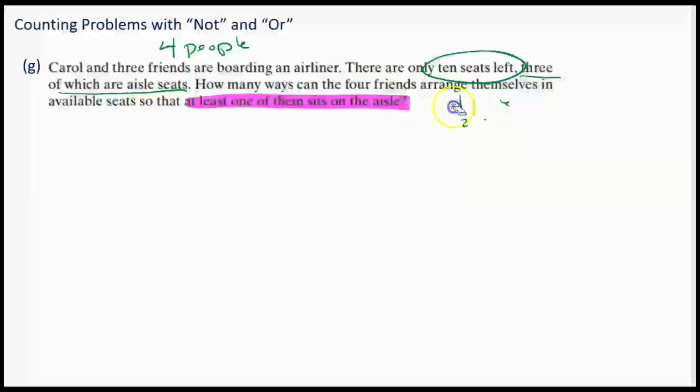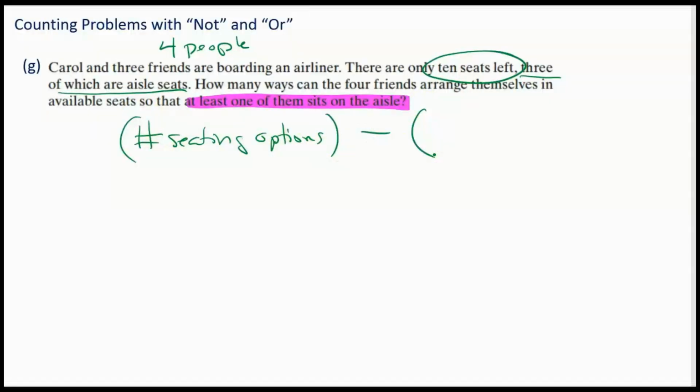We could find out how many possible ways they could seat themselves. So the number of seating options total, and then subtract out at least one of them sits on the aisle. What's the complement of that? None of them sit on the aisle. The number of options where none are aisle seats.